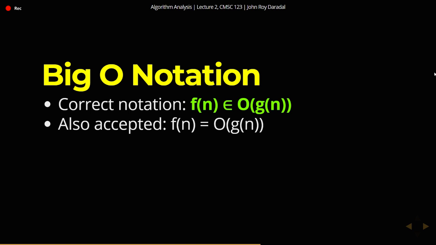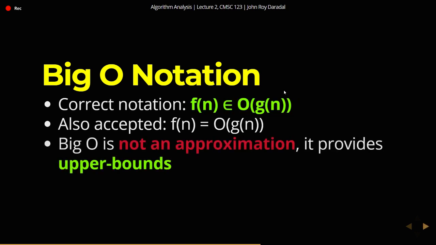But technically, the first one is the correct notation. The common mistake is thinking that big O is an approximation. It's not. It only provides an upper bound. It's an upper limit for your function, but it's not an approximation.